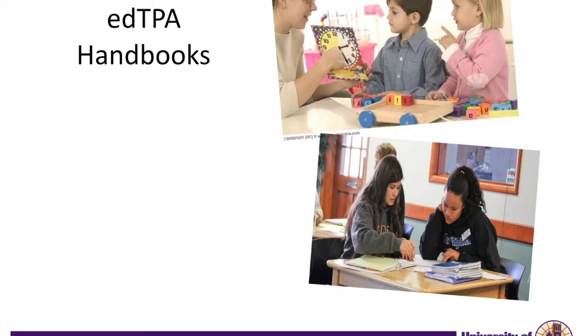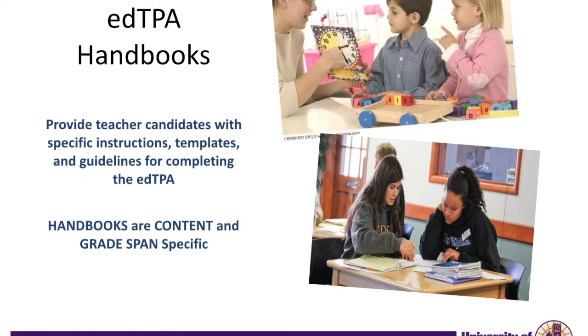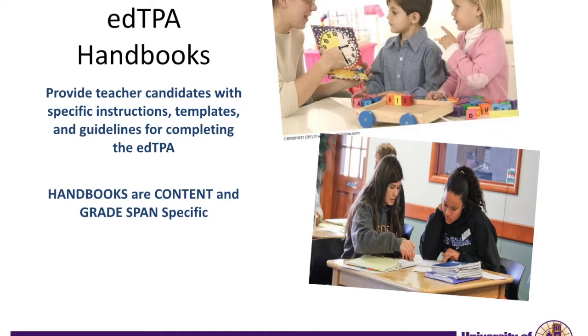Every teacher candidate that is student teaching receives a handbook for edTPA. It provides specific directions, templates, and guidelines for edTPA. It's very thorough and content specific and grade span specific. So a high school mathematics teacher would complete a different edTPA with different rubrics than a middle level math teacher.